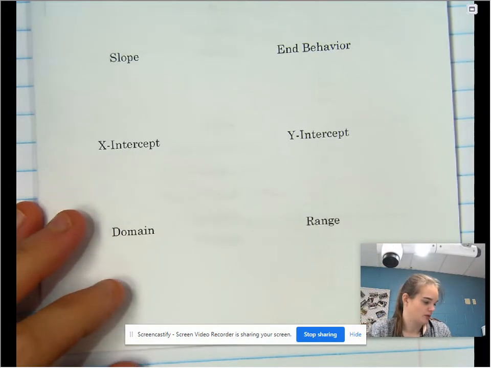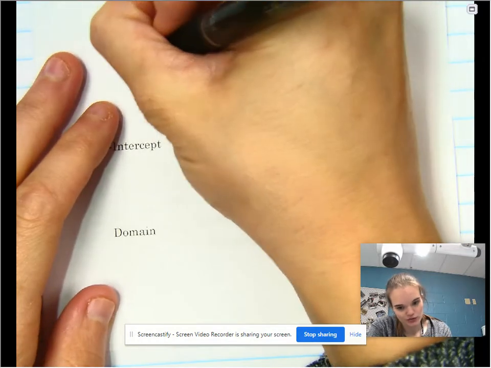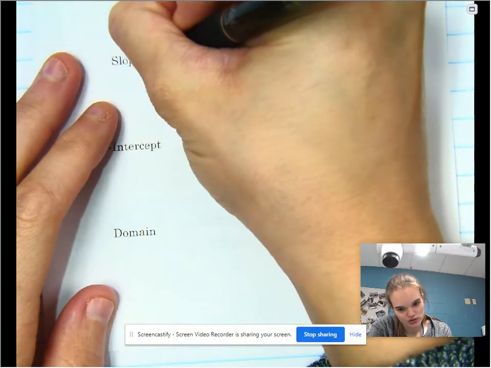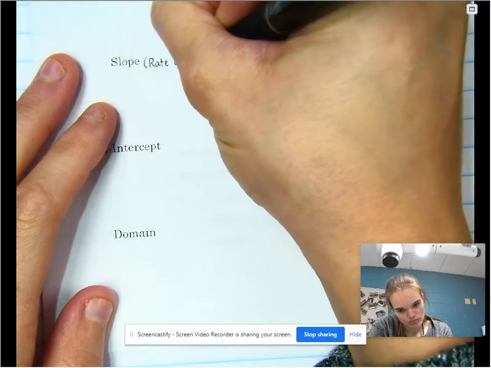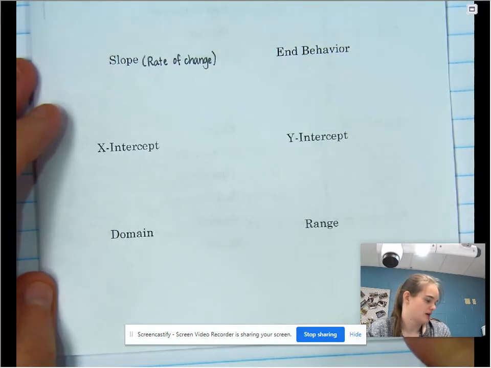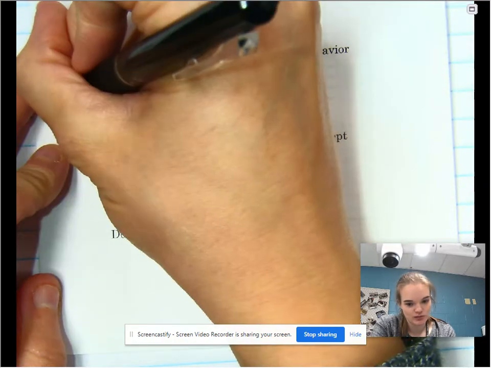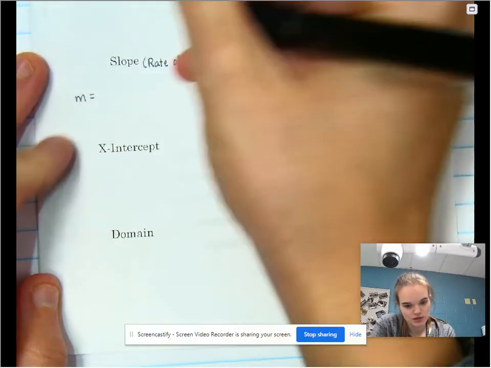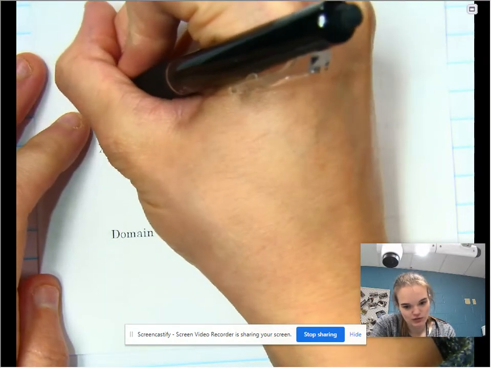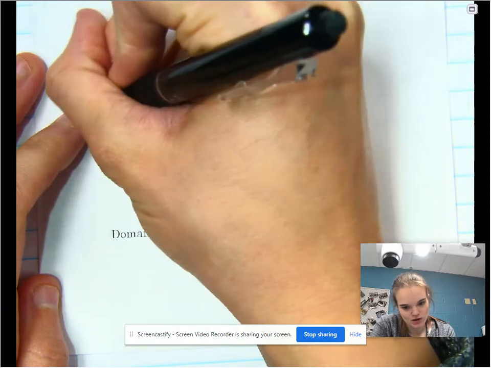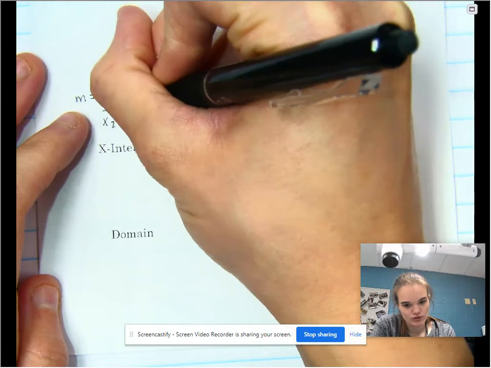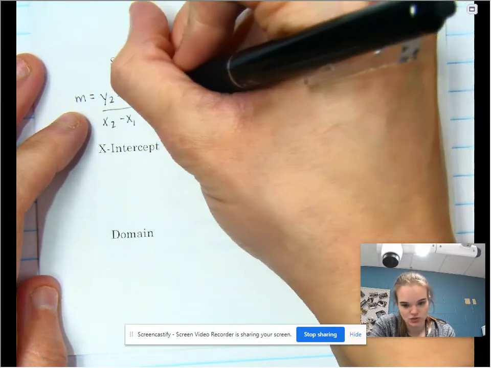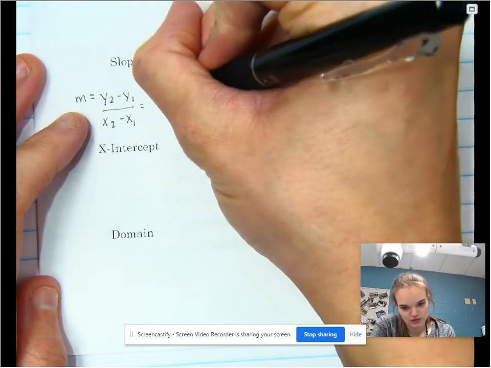First of all is slope. Slope, you might also see it as rate of change. Slope can be represented in a couple of ways. Slope is normally denoted as m. This slope formula is y2 minus y1 over x2 minus x1, which is the same as the change in y over the change in x.